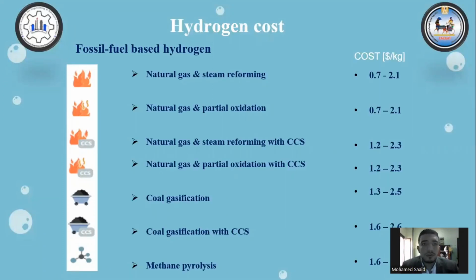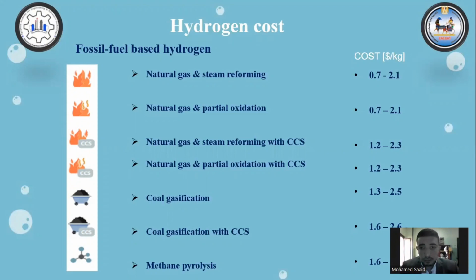For fossil fuel-based hydrogen, when we use steam reforming or partial oxidation of natural gas, it will cost $0.7 to $2.1 per kilogram of hydrogen. Using steam reforming and partial oxidation of natural gas with CCS techniques, it will cost $1.2 to $2.3 per kilogram.